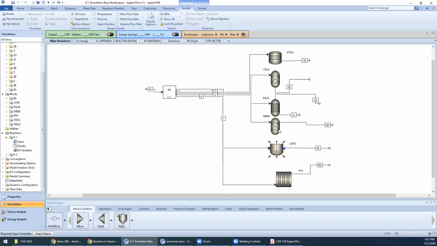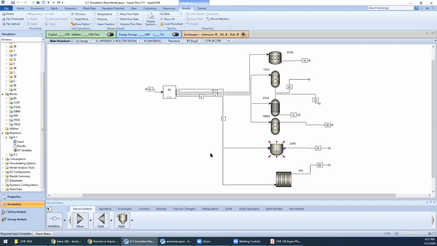Or is it like a batch reactor? Sort of. These 4, the Stoic, the Yield, Equilibrium, and Gibbs, are all thermodynamically dependent, and they're not really going to change no matter what you put in. It'll just be a function of temperature and pressure. Whereas you can tweak the kinetics in the rigorous models, the CSTR, the PFR, and the batch.